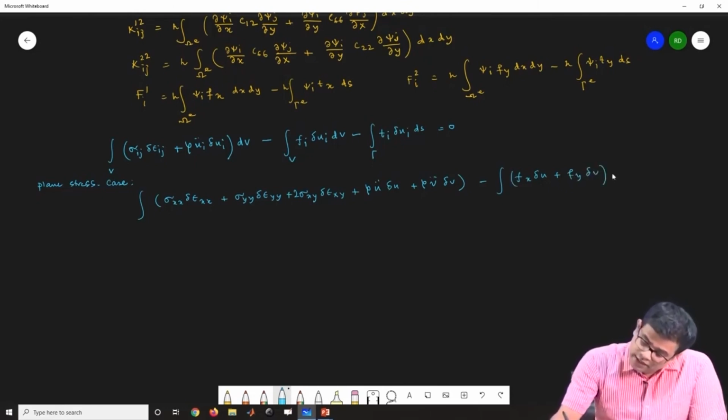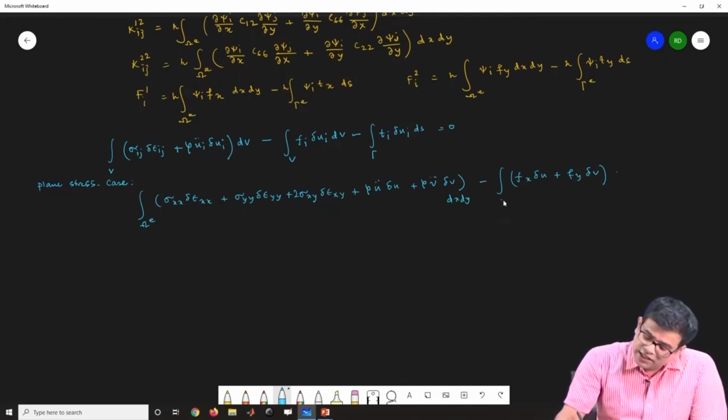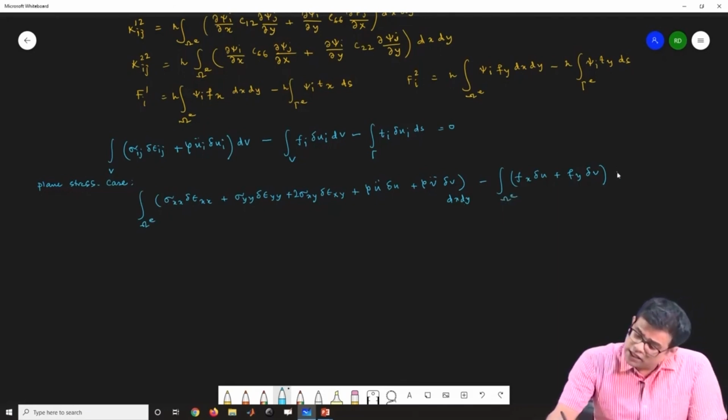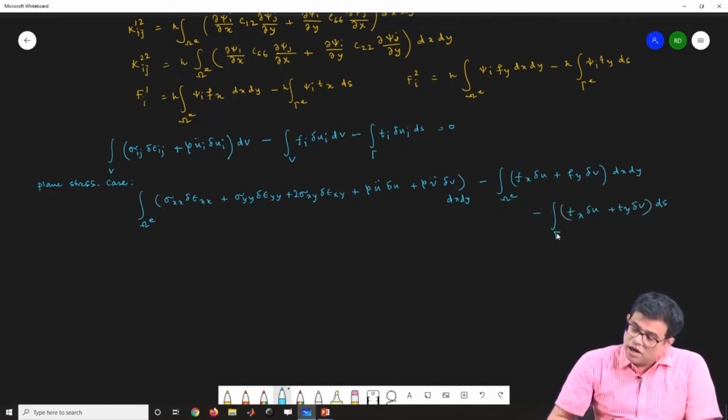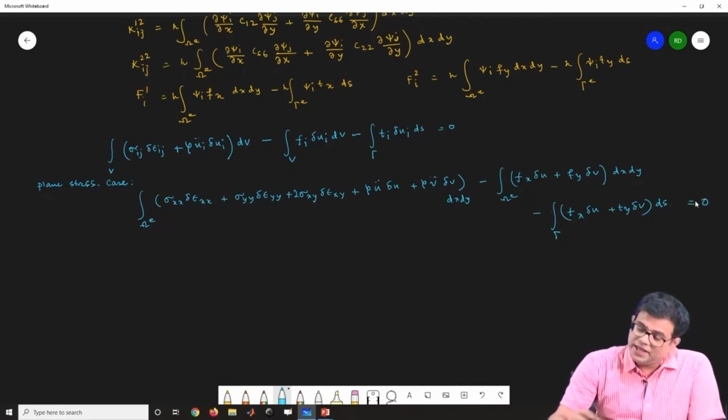The integral I can transfer to dx dy over omega e, the elemental quantity, and then minus the integral of tx delta u plus ty delta v over the surface gamma. So this is the plane stress case.